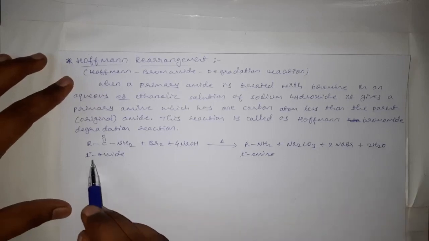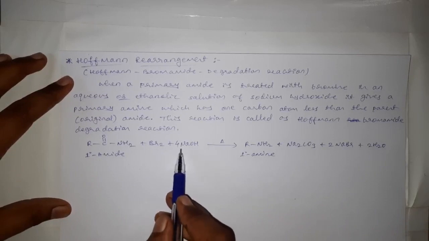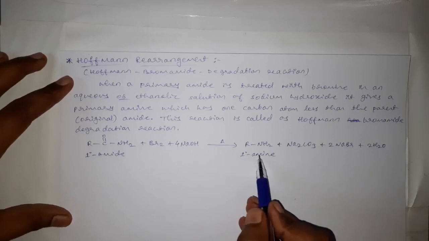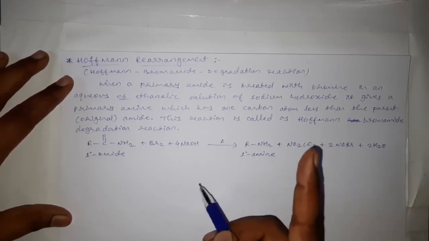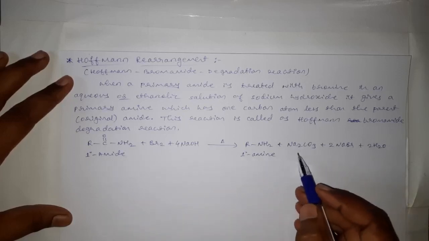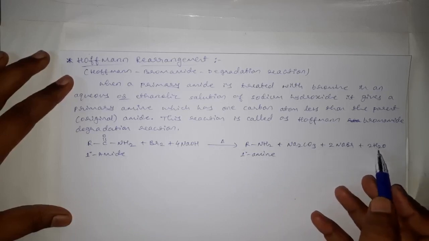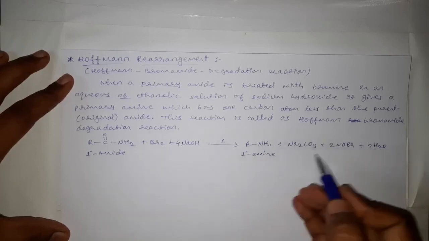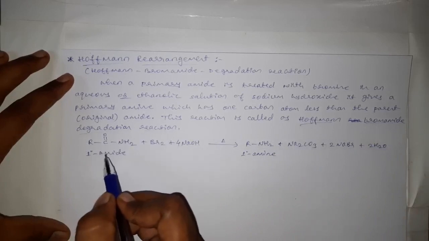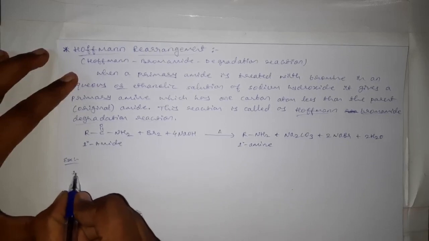So when primary amides are treated with bromine in presence of aqueous or alcoholic sodium hydroxide or potassium hydroxide, the amide converts into the corresponding primary amine with one carbon atom less, along with sodium carbonate and sodium bromide as byproducts and 2 moles of water. And this reaction is called the Hofmann bromamide degradation reaction.